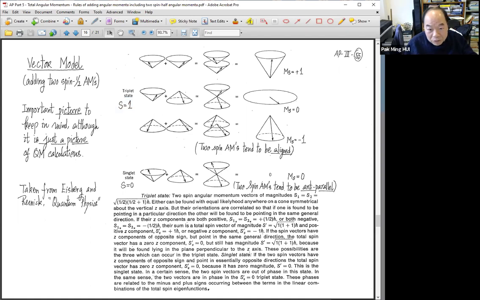I would like you to focus on how these 2 things cooperate. Okay, let me show you. In this particular state, in the vector model picture, the 2 spin halves live on this cone in a rather coherent way. So every moment they are like this. In this way, the Z component cancels. That gives us the ms equals 0.